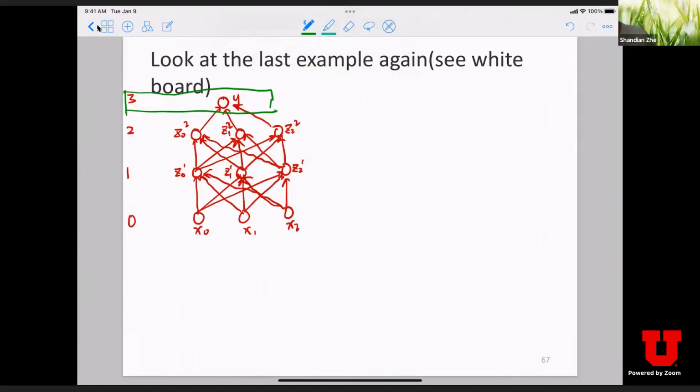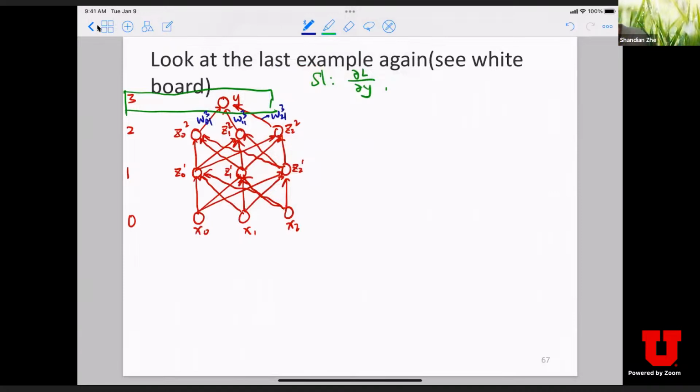So in the output layer, we only have one output neuron, which is Y. So our goal in the first step is to compute partial L over partial Y. So only one neuron in that layer. And also the associated edge weights, so that means all the weights on the edges pointing to Y. So here it will be W013, W113, and here is W213. Remember, Y is indexed as 1.